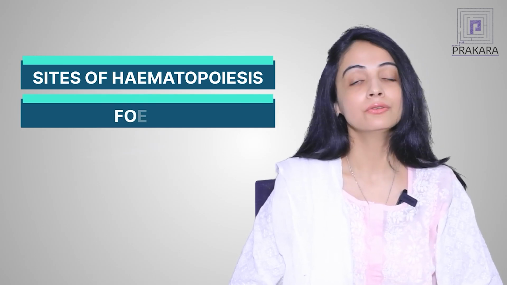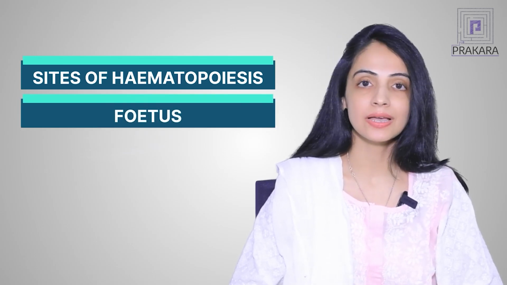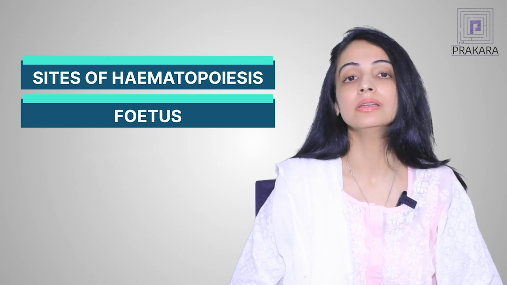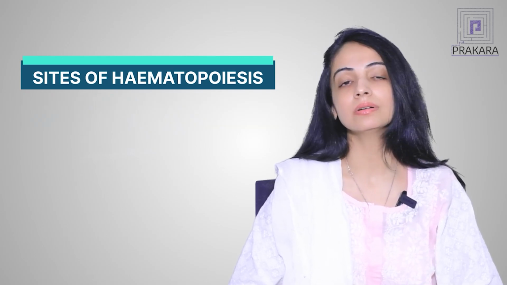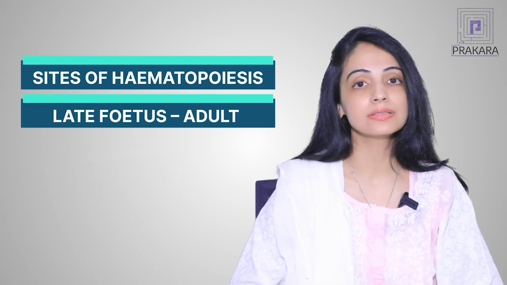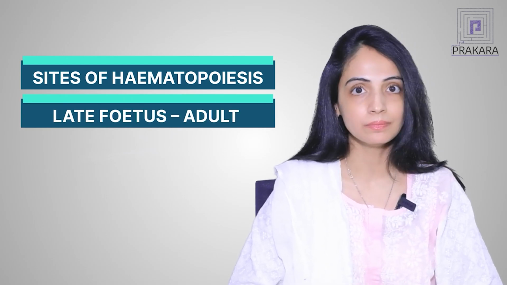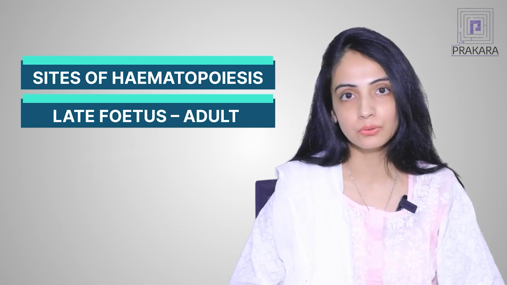Then, in the fetus, the primary sites are the liver and spleen. However, after about 6 months, that is the third trimester of pregnancy, the red bone marrow becomes the primary site of hematopoiesis and this continues until adulthood.